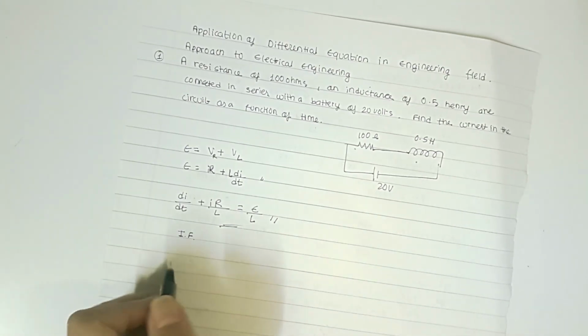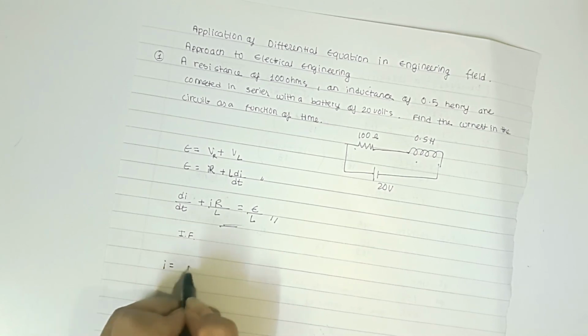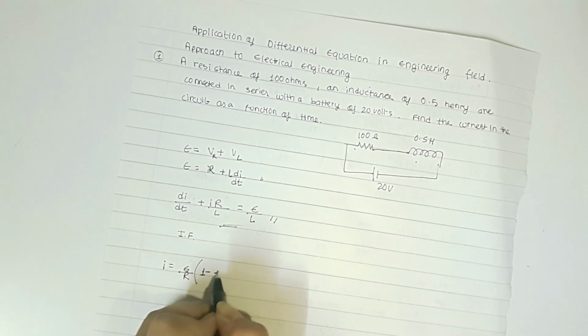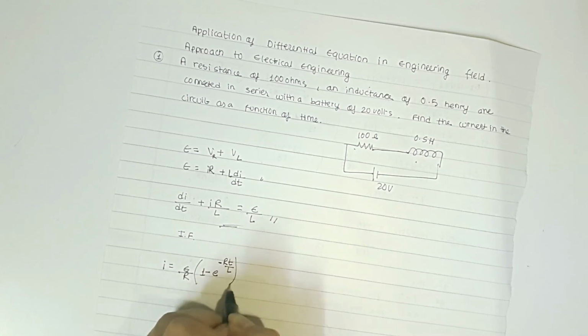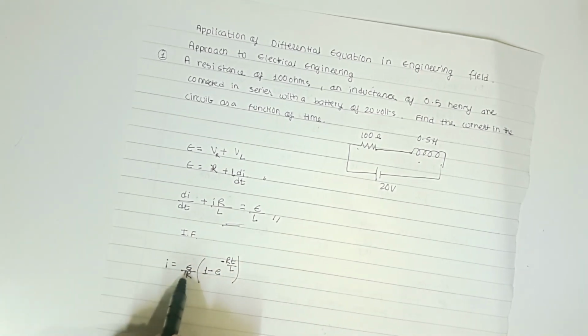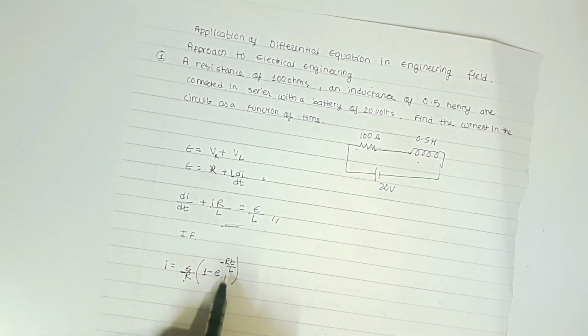So by taking all that, we get I equals to E by R into 1 minus e to the power minus RT by L, where E is the total EMF, R is the resistance, T is the time, and L is the inductance.